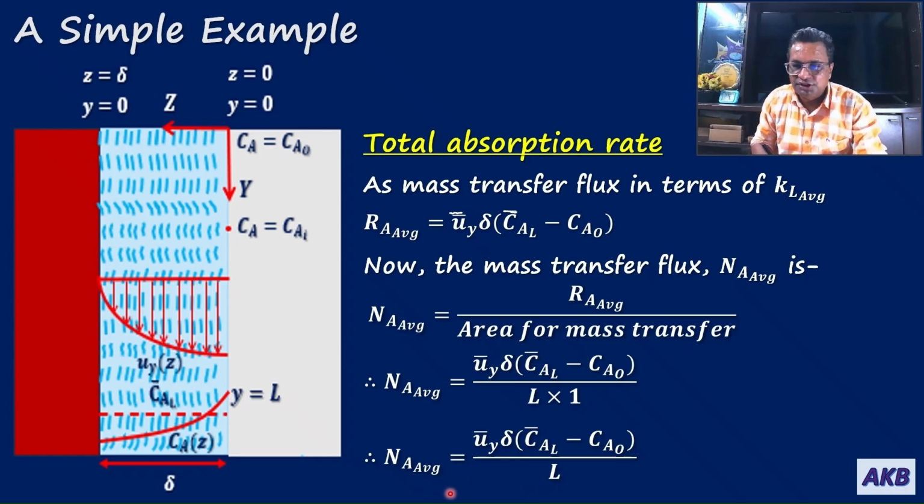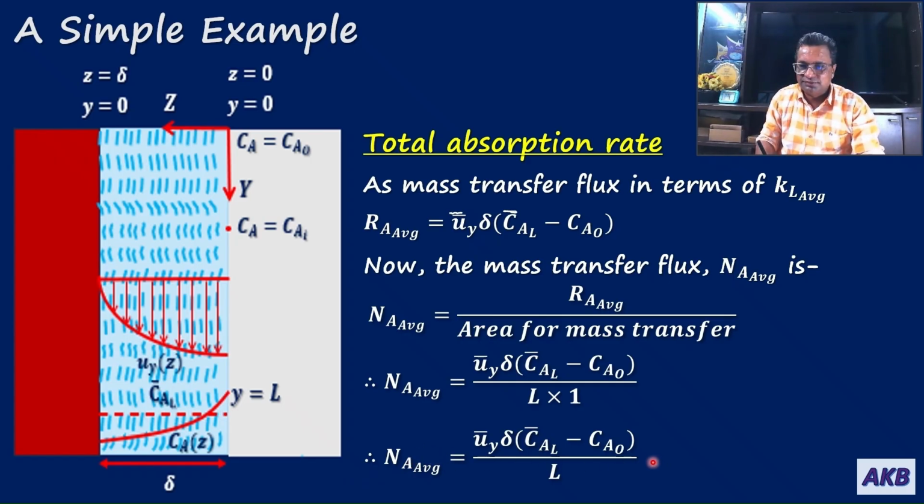One thing is you can find NA average by using this equation, but we will express NA average in terms of the mass transfer coefficient, because we will be learning how to use the mass transfer coefficient to find the absorption rate. So let us continue with this.